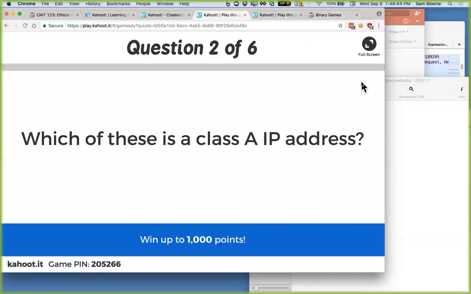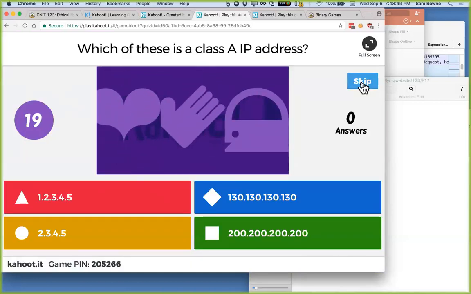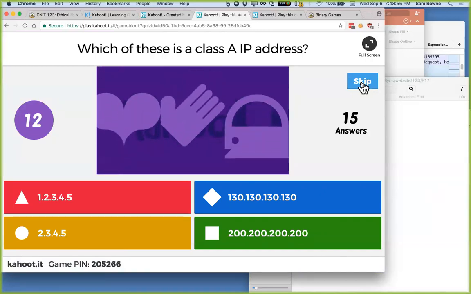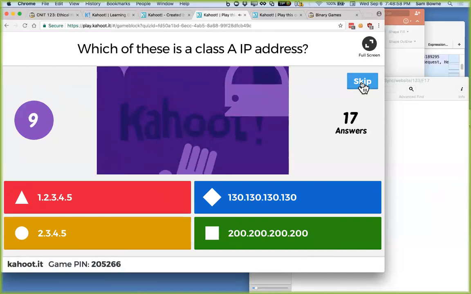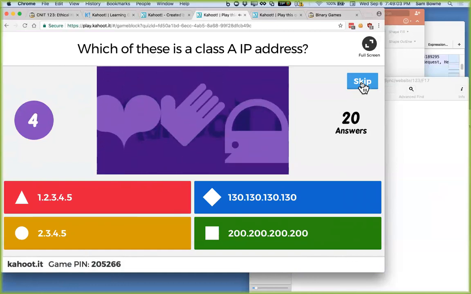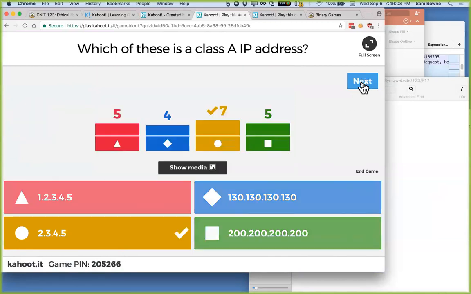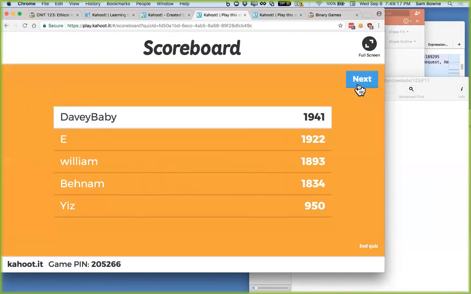All right, which one is a Class A address? All right, it's that one. This one here is not valid. You can't have 5 numbers, only 4. So this is the Class A address, one starting with 2.